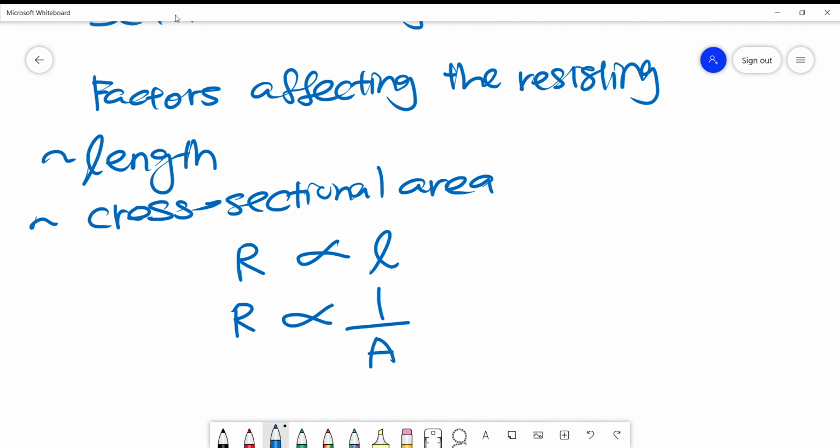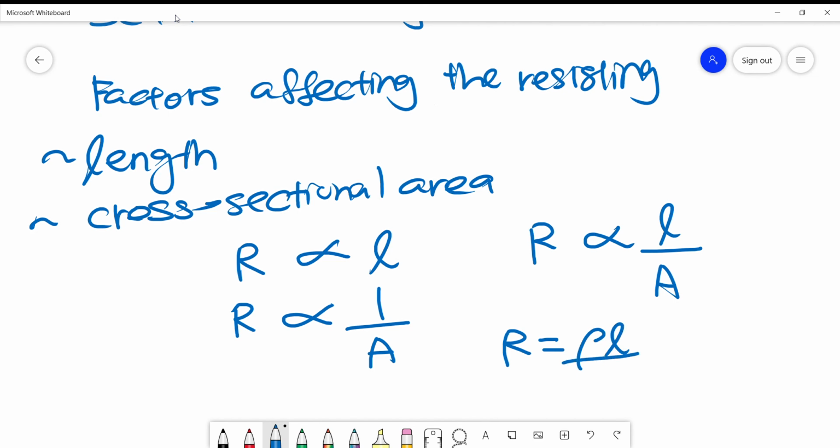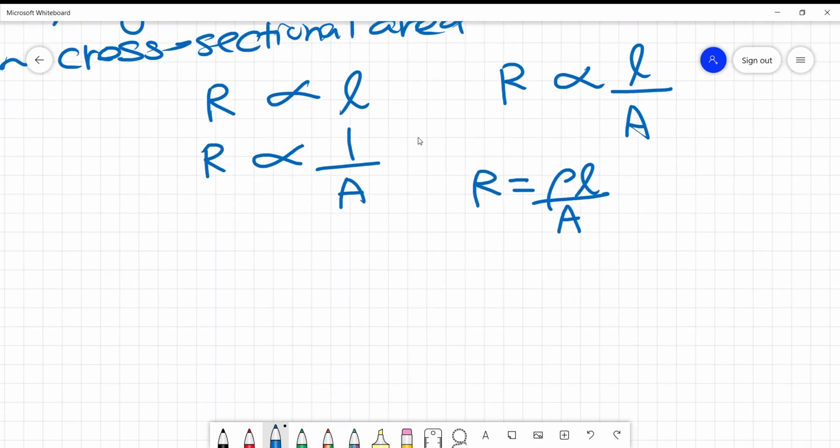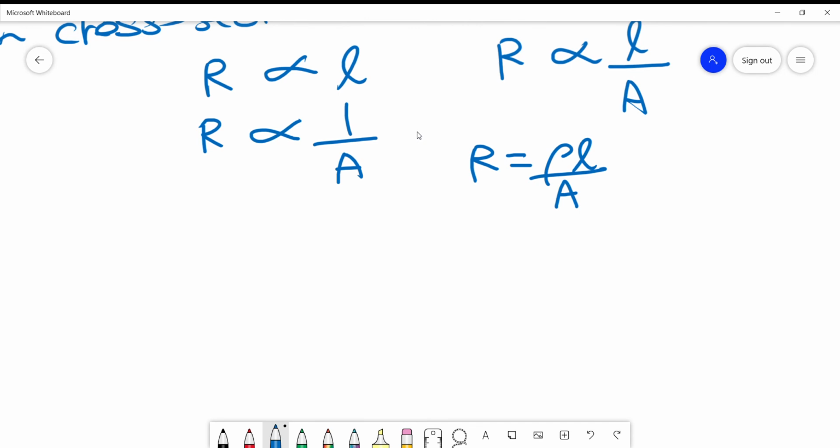If I combine these two relations, I get L over A. So my equation is R equals rho L over A. This is the equation for the resistance.